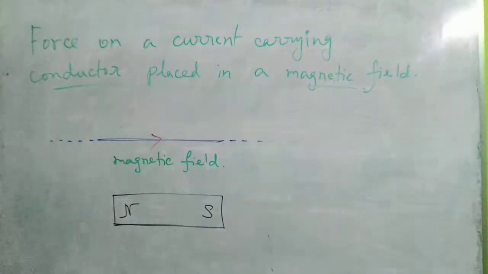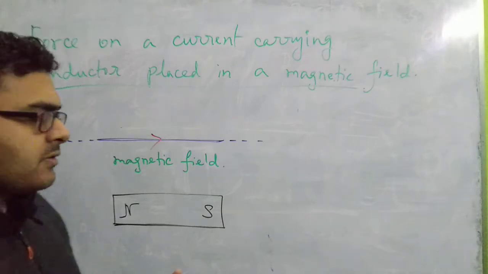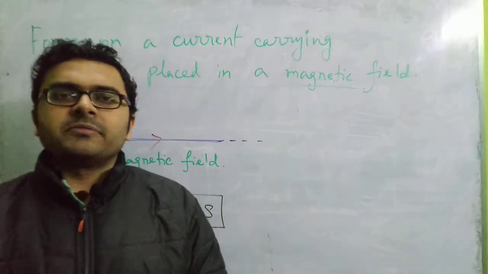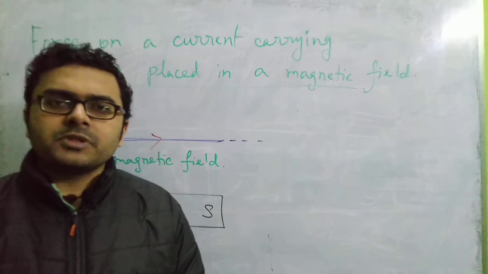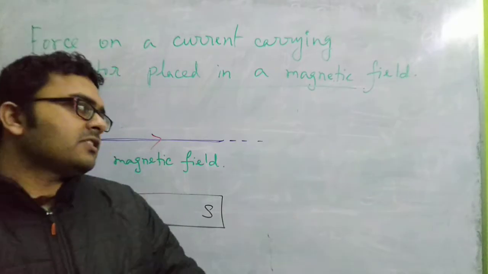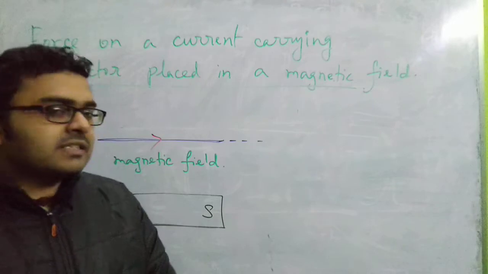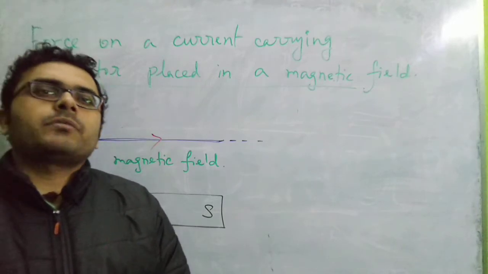There is a force acting on the wire. If the magnet is held at a fixed position, and the wire is kept in such a way that it can move a little bit, then obviously we will see that the wire is displaced from its position whenever the current is switched on and the wire is kept in the magnetic field of the permanent magnet.